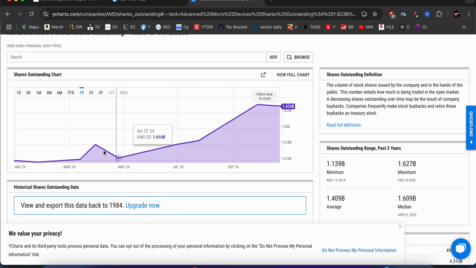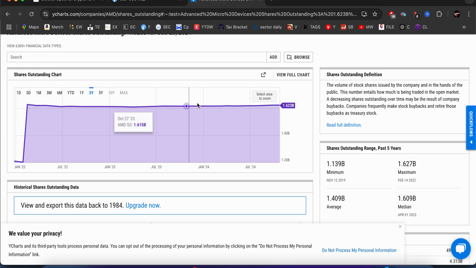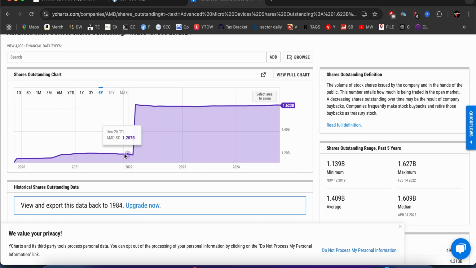Maybe they just exercised some options they might have had, and then sold it. Could be the case, but you can see the 5-year, 3-year trend of outstanding shares. They had done an offering in 2022. You can see how much outstanding shares increased, and it makes sense that for me, this is very surface level.